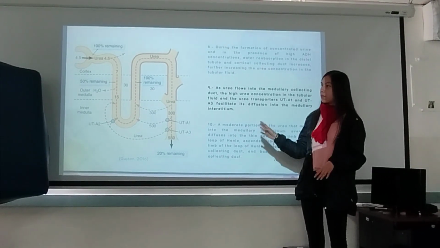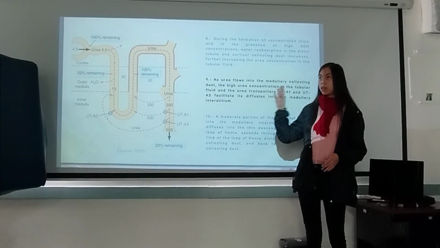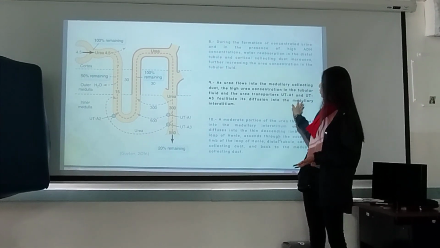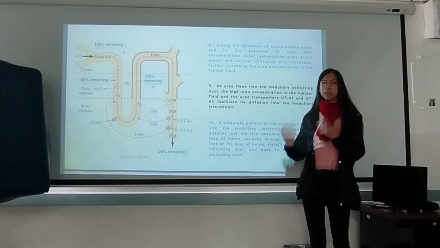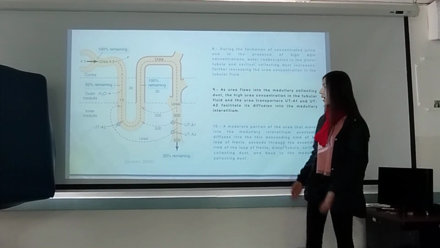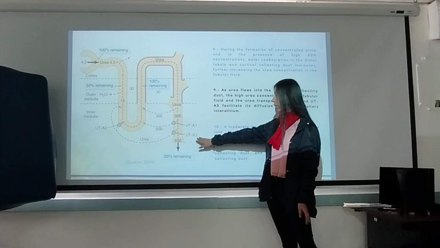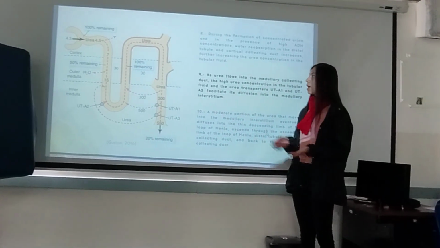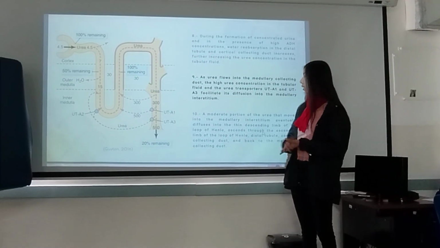Then, as urea flows into the medullary collecting duct, the high urea concentration and also the urea transporters, those are UT-A1 and UT-A3, will facilitate the diffusion to the medullary interstitium.